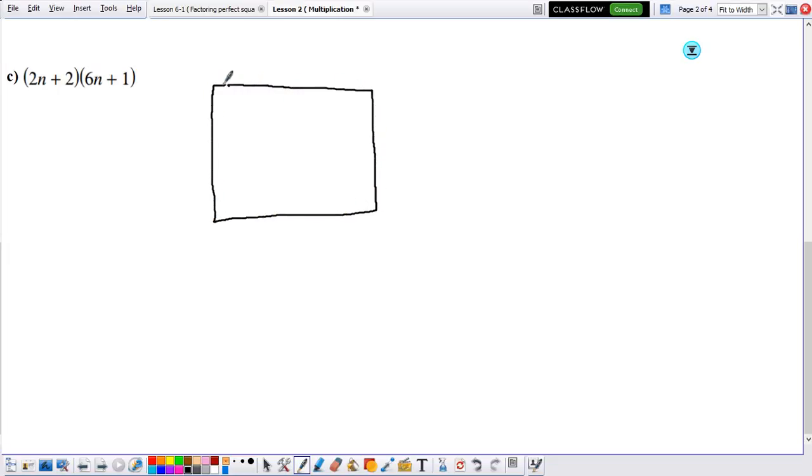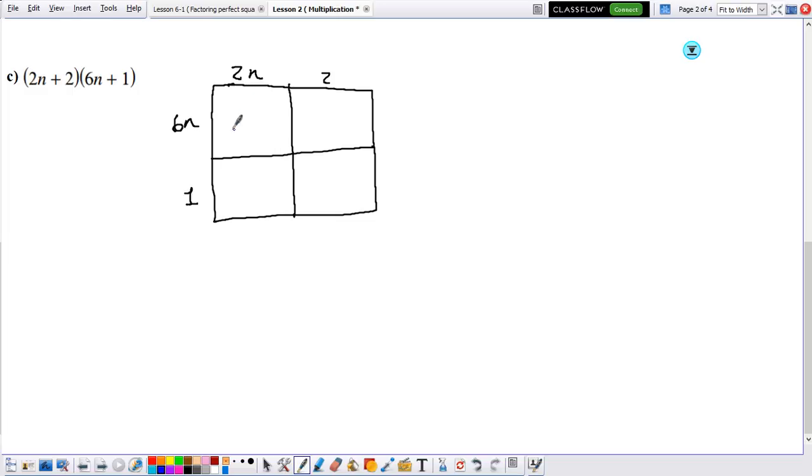Here we have a box with two columns and two rows, where in the first space we're going to put the first term, which is 2n, and in the second space we place the second term, which is just the 2. Here on the side, we're going to put 6n and we're going to place the 1. Excellent. Now that we have this, we need to figure out what goes inside those boxes.